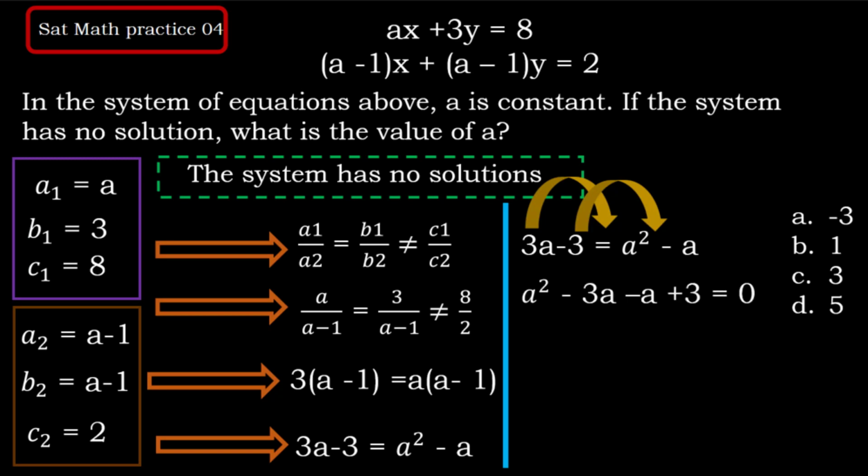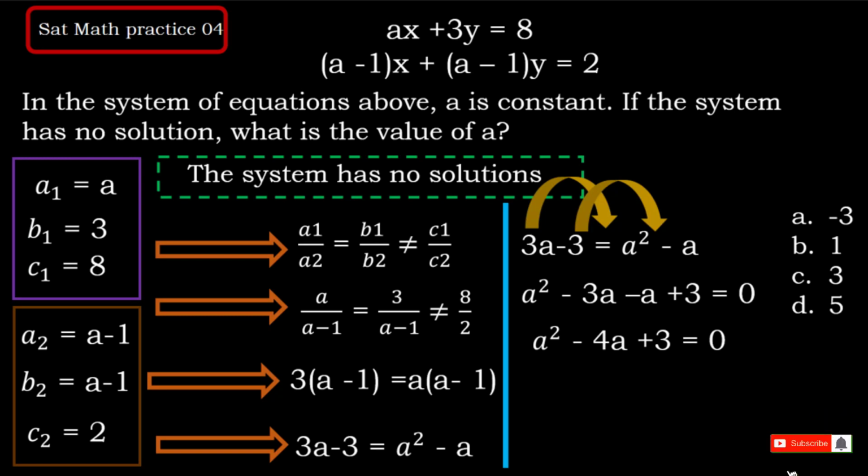We get a squared minus 3a minus a plus 3 equals 0. Now collect like terms: negative 3a minus a is negative 4a. Simplify: a squared minus 4a plus 3 equals 0.